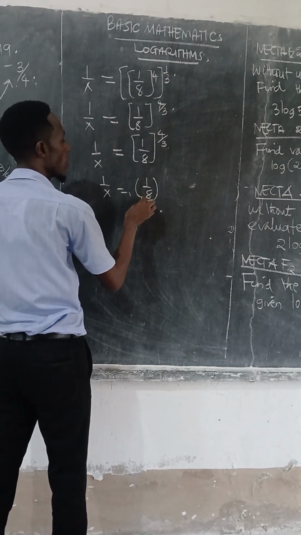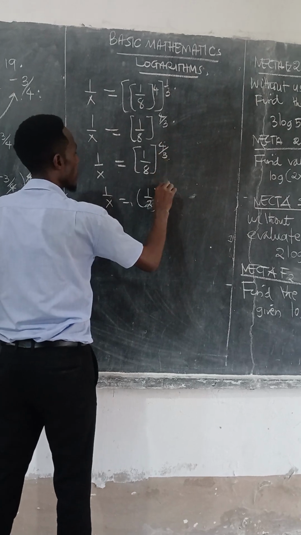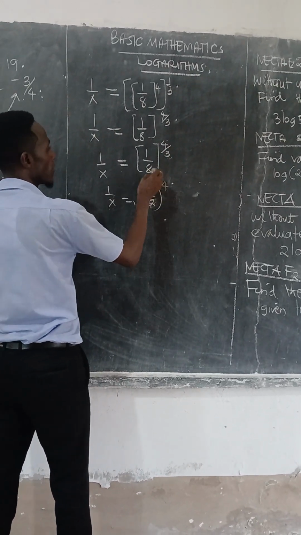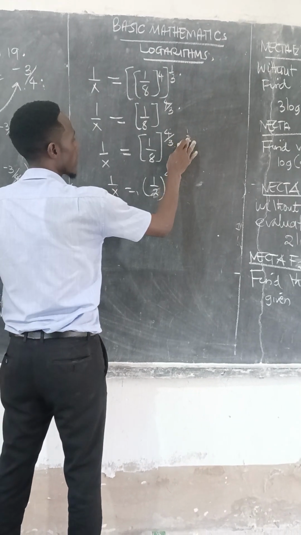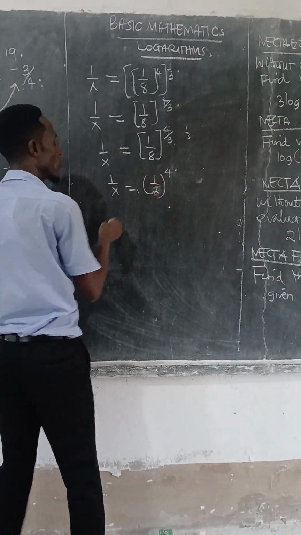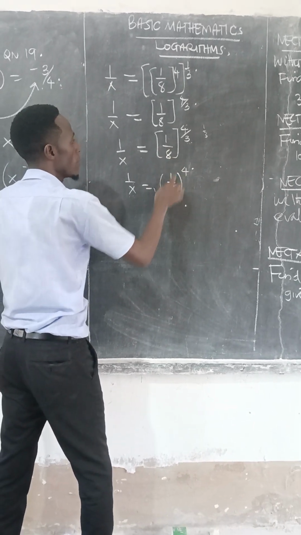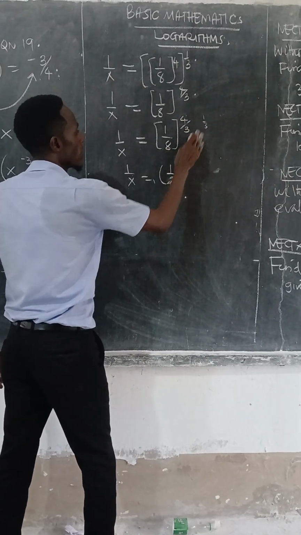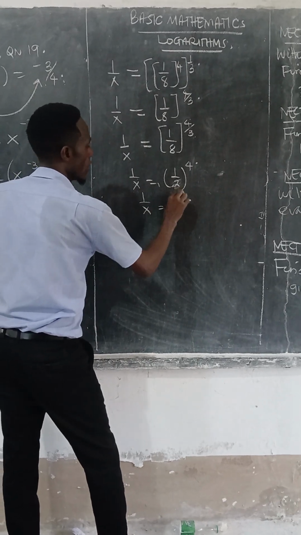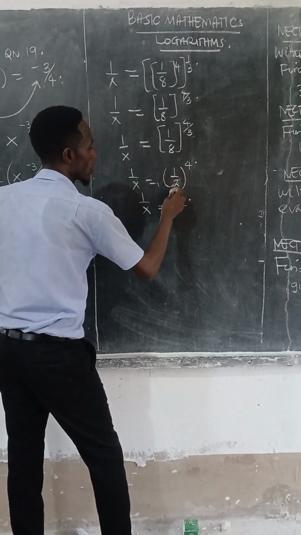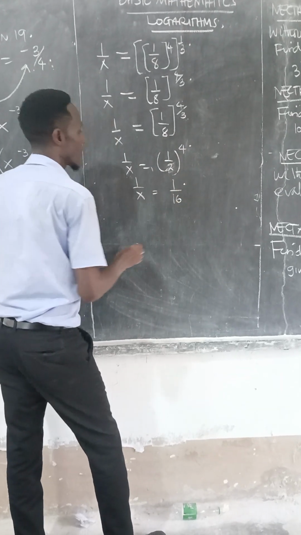The cube root of 1 over 8 is 1 over 2, but you still have the 4 remaining. That's why it is 1 over 2 to the exponent 4. So 1 over x equals 1 over 2 times 1 over 2 up to this exponent, and you find it will be 1 over 16.